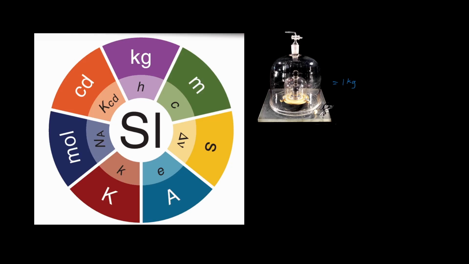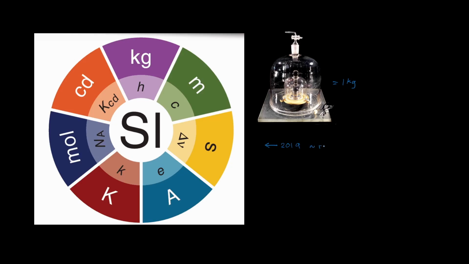It would not be a good reference. It might be 1 kilogram before, but now it may be 0.9 kilogram something. So due to that, in 2019, the scientists solved this problem.